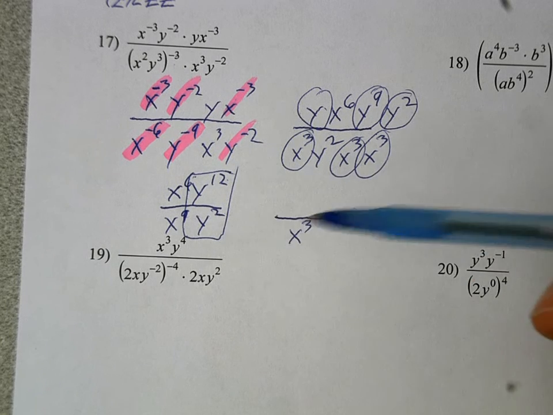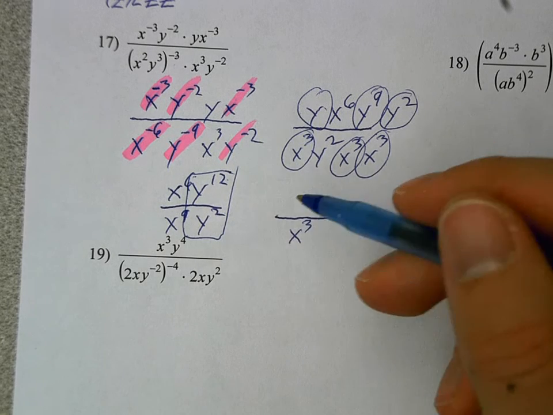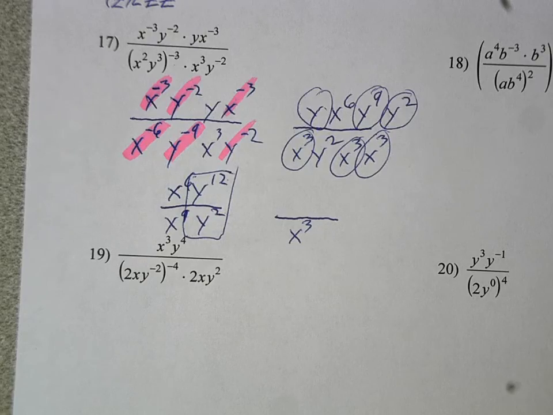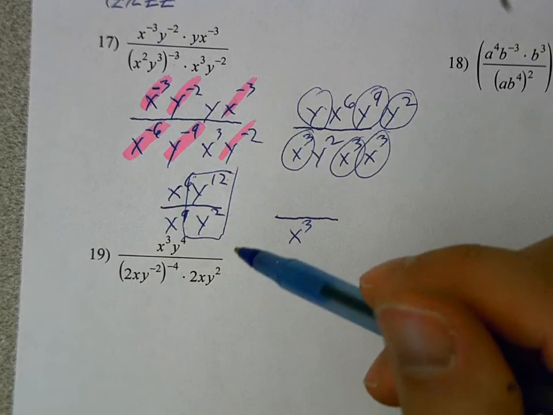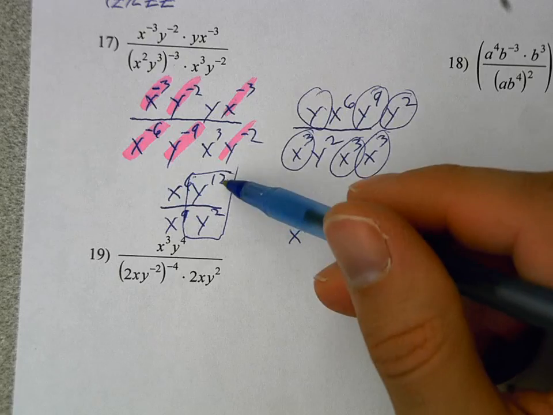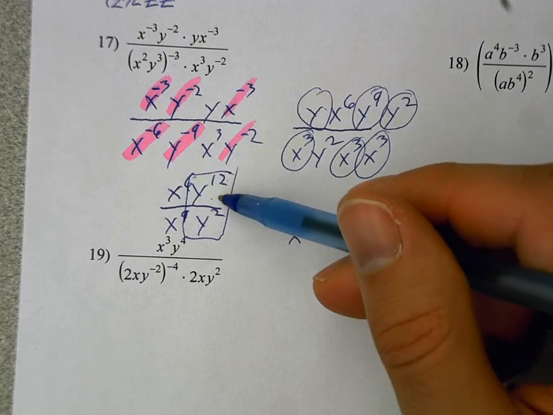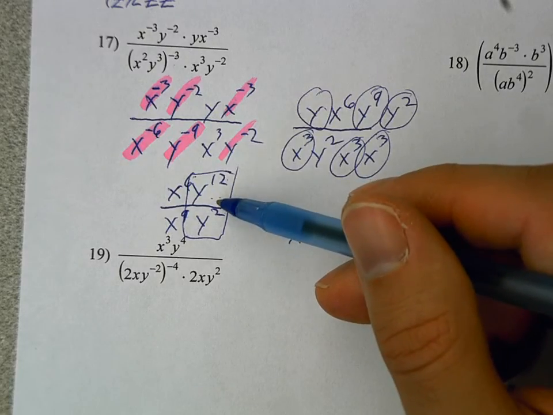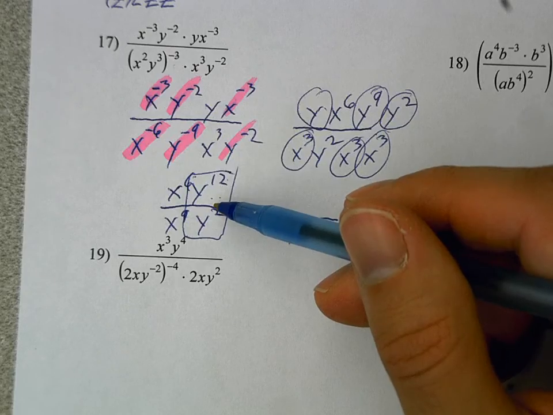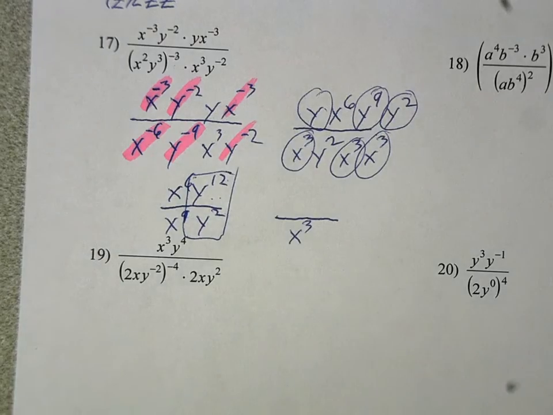And is that y to the 10th going to go on the top or the bottom? So it's going to be top. And again, it's going to be top because there was more on the top to begin with, and because 12 minus 2 gets us positive 10, not negative 10. Does that make sense? So we end up with y to the 10th power right there.